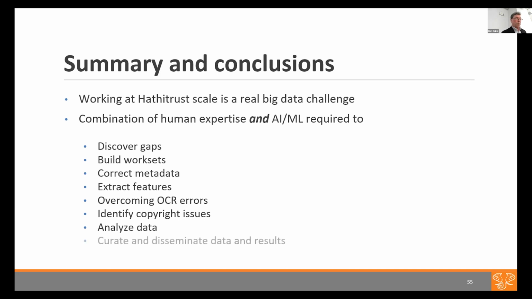Analyze the data, of course, and then curate and disseminate the results of those analyses, right? So it's a never-ending chain of growth, right? We have the raw data, scholars come and create sub-collections. We want to curate those. Those sub-collections generate results, which we need to curate and do research data management, and so on, and so on, and so on.